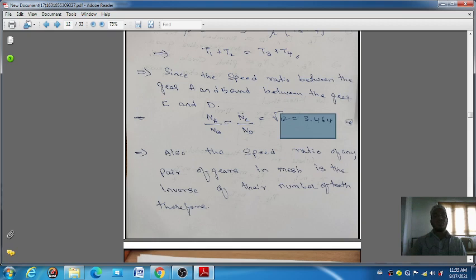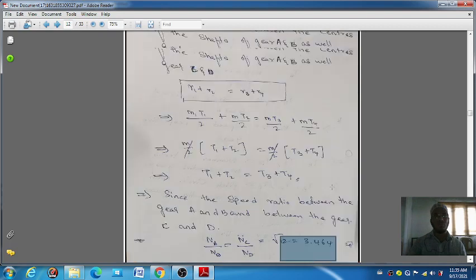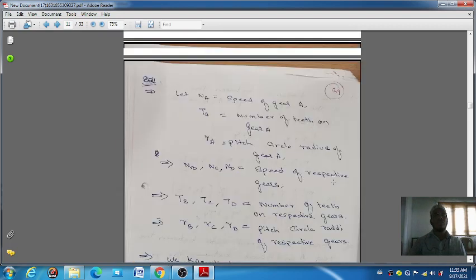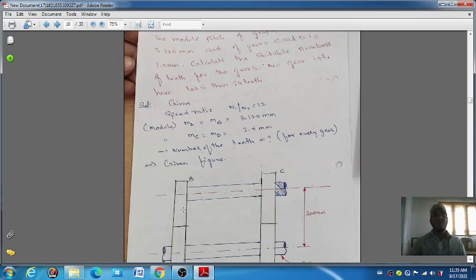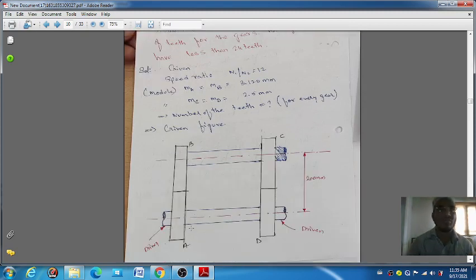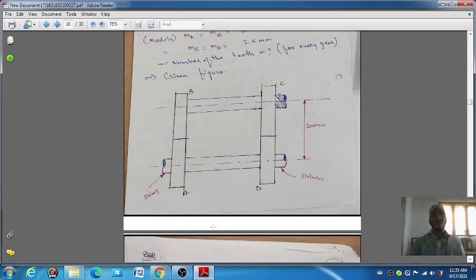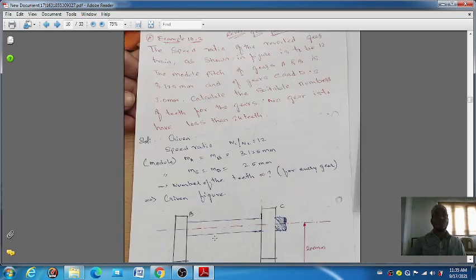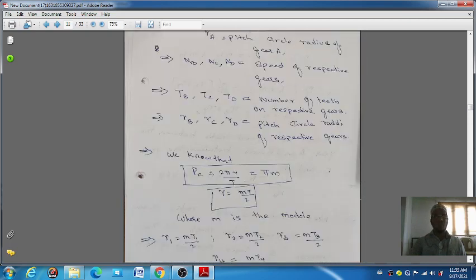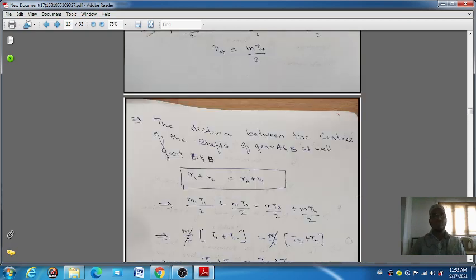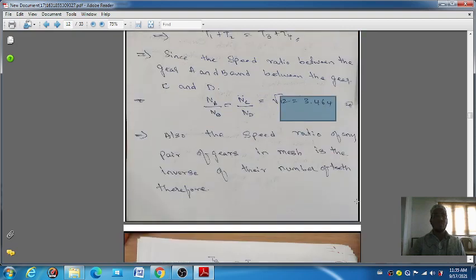Also, the speed ratio of each meshing pair must be calculated, because A is meshing with B and C is meshing with D. Since the question asks for the number of teeth on the gears, we first find the speed ratios of the gears, and with their help we can easily find the number of teeth.